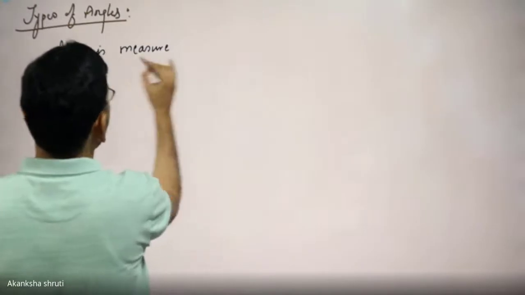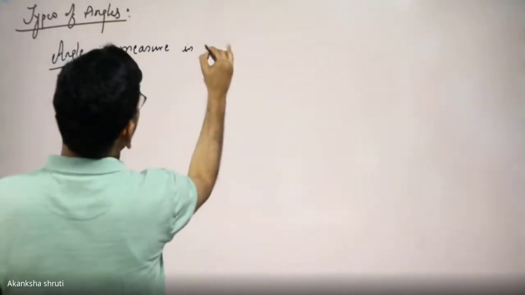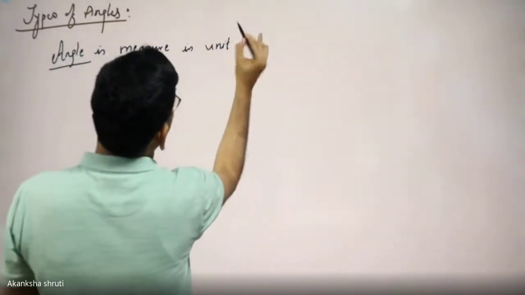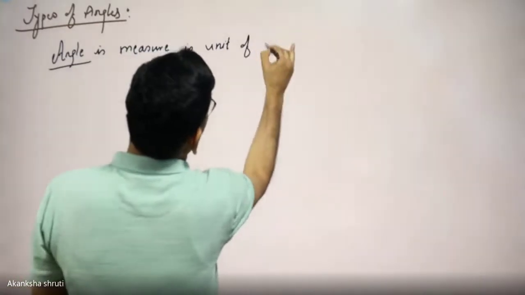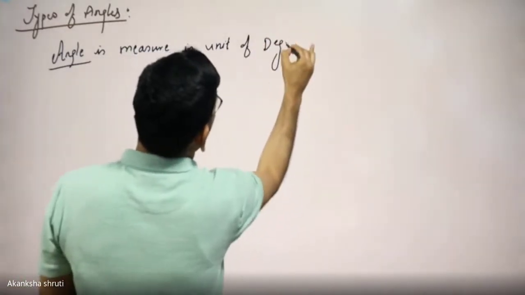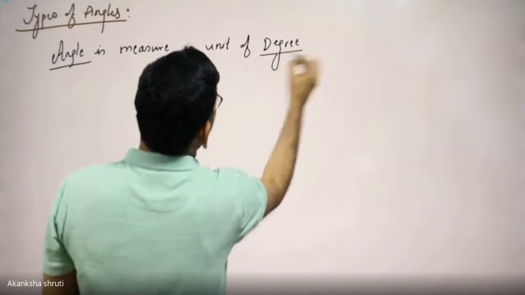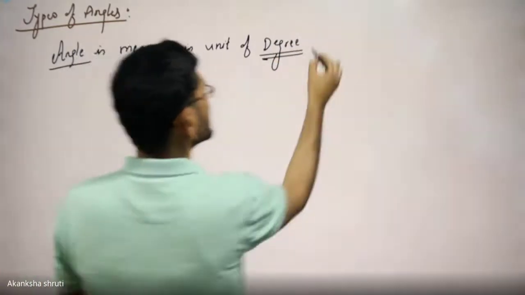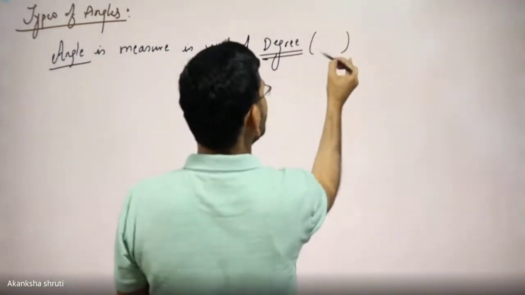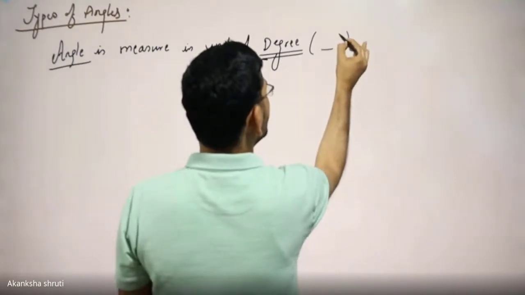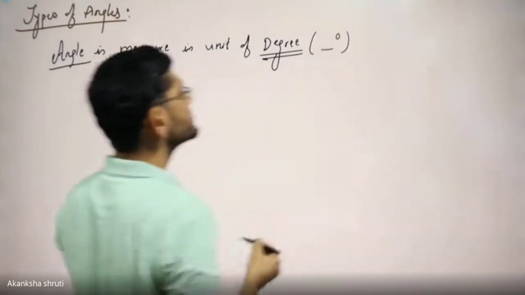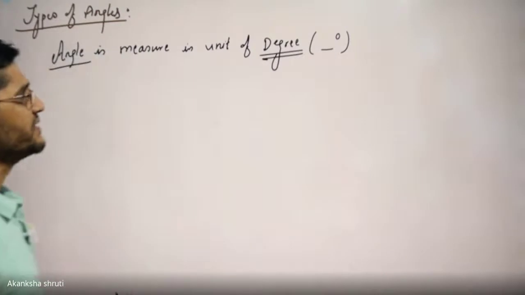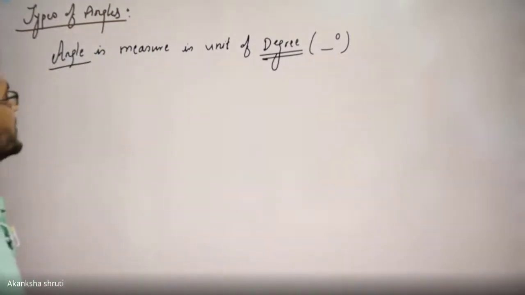So angle is measured in the unit of degree. Students, this degree is denoted by putting a small 0 as a superscript over whatever the measurement will be.